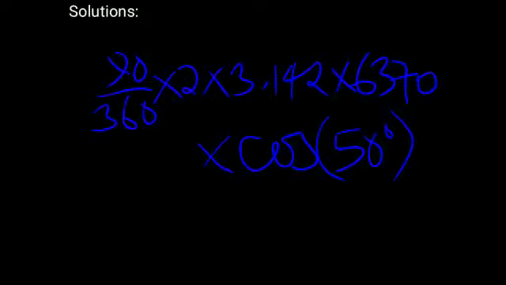So let's punch that on our calculator. What is 90 times 2 times 3.142 times 6,370 times cos 50, divided by 360 degrees?